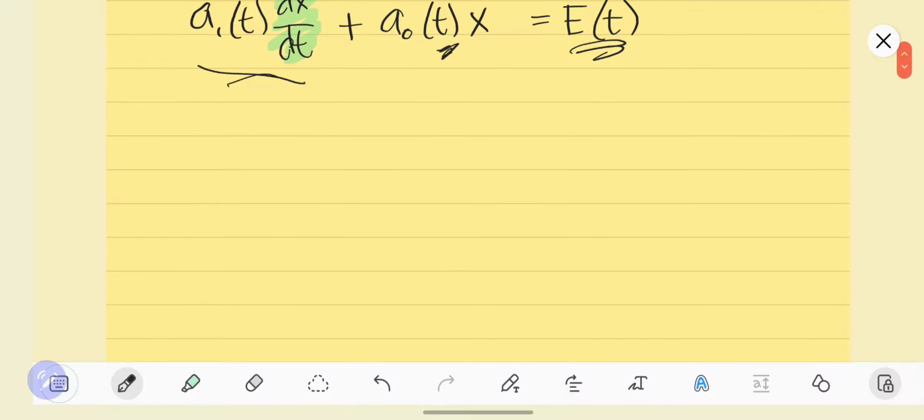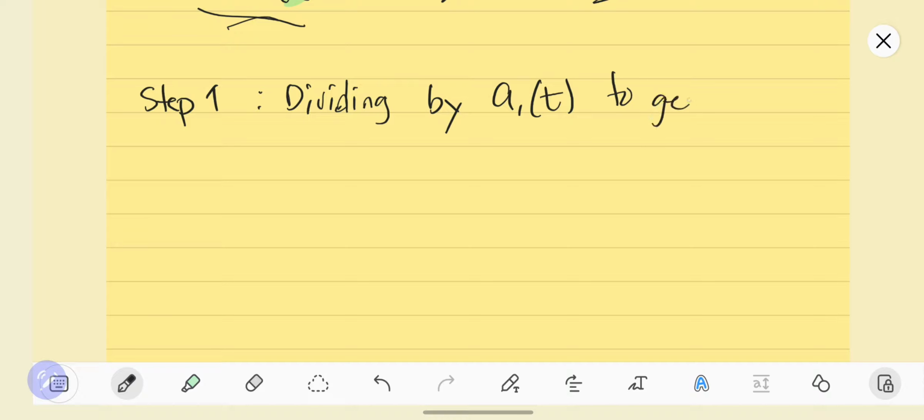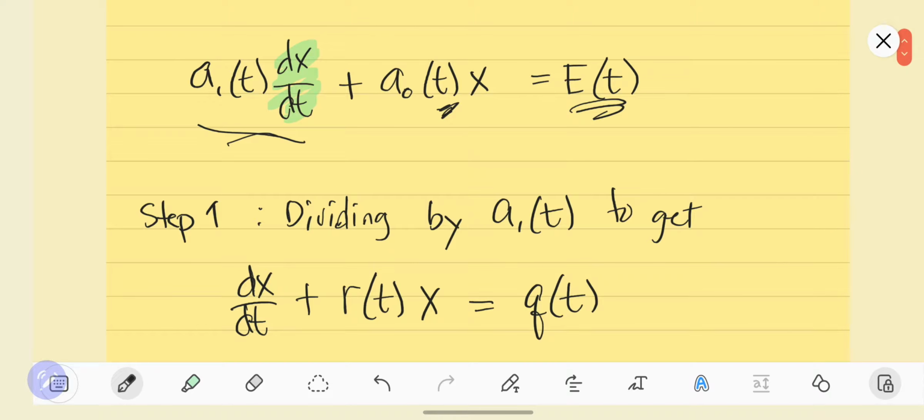Our steps in solving this: step 1 is we divide the equation by a sub 1 of t to get the standard form dx over dt plus r of t x is equal to q of t. r of t is the one that you get by dividing a sub 0 over a sub 1.